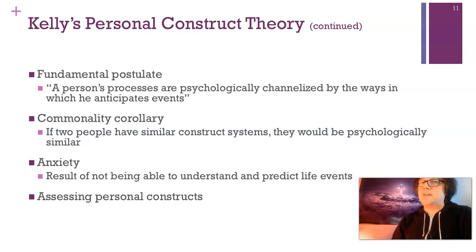But the human mind, we're pretty good at deceiving ourselves and rationalizing and justifying, right? We're pretty good at making stuff fit, making those constructs work, even though they don't at all. But this is Kelly's theory. So, what did he say?